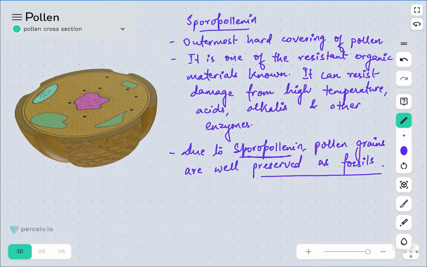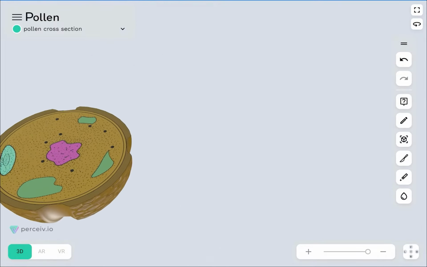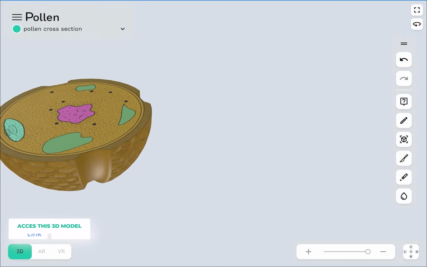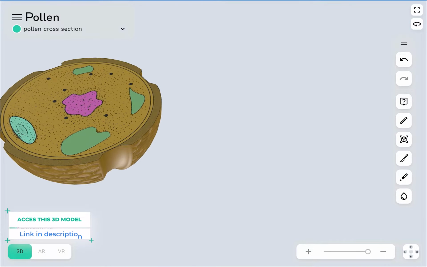Now the next thing we are going to look into are the germ pores. As you can see, there are some places in the exine layer where the sporopollenin seems to be absent.